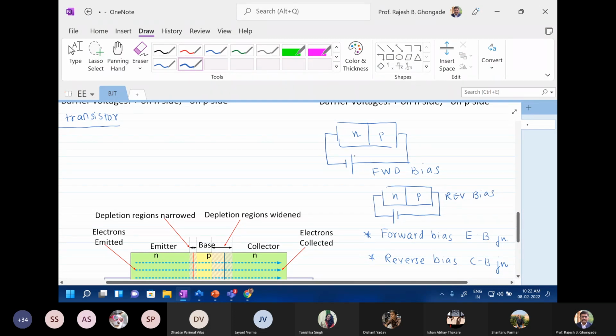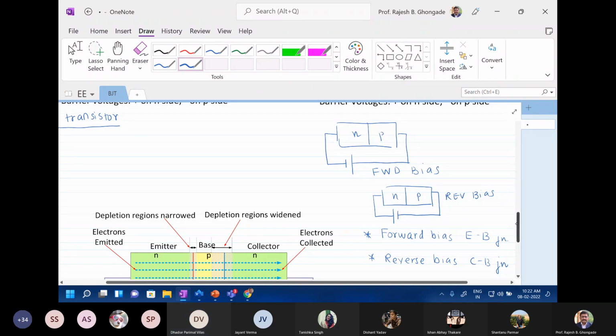और एक बात, whenever I forward bias a PN junction, what will happen to the voltage barrier or the barrier potential? Sir, it will decrease. Yes, the barrier potential decreases.